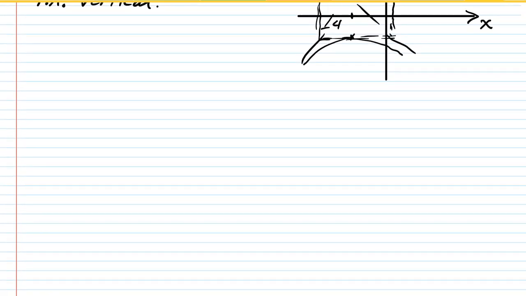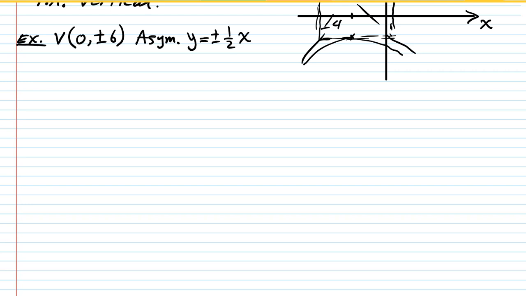This next example, let's say this one now, I want to find the equation this time of a hyperbola with the vertices at 0 plus minus 6, and the equation of the asymptotes are going to be, let's say, plus minus half x. In other words, the asymptote goes through the origin.